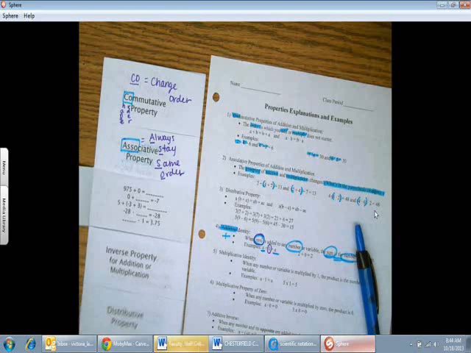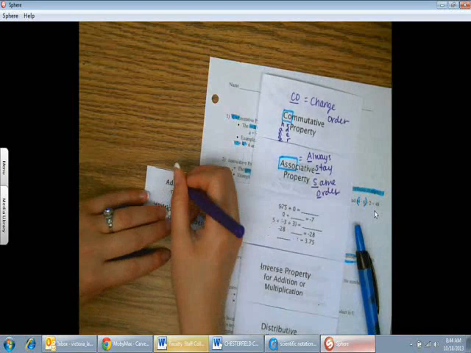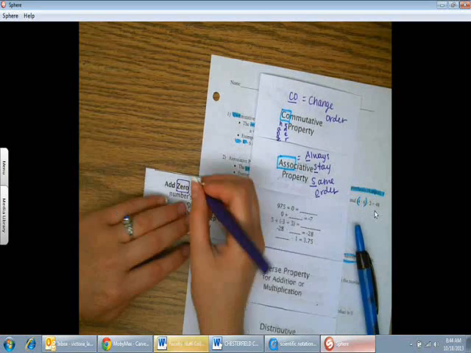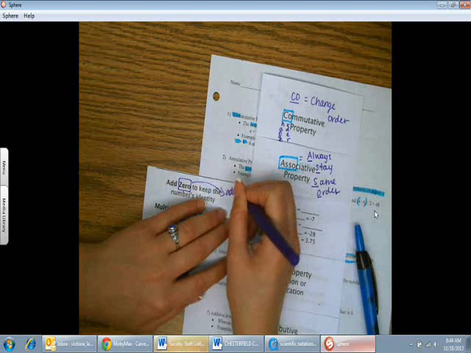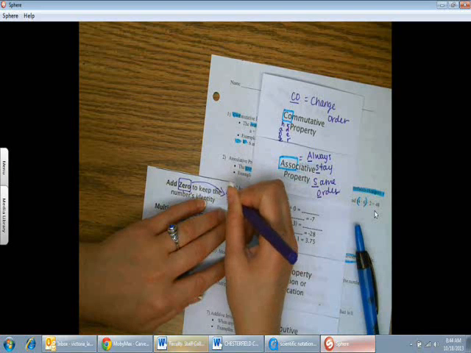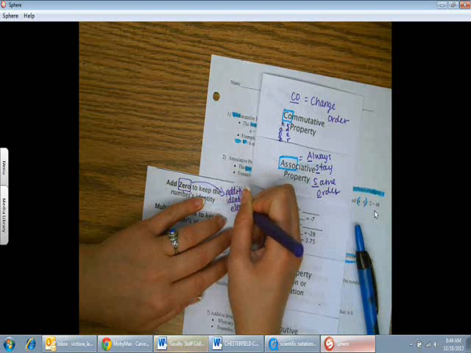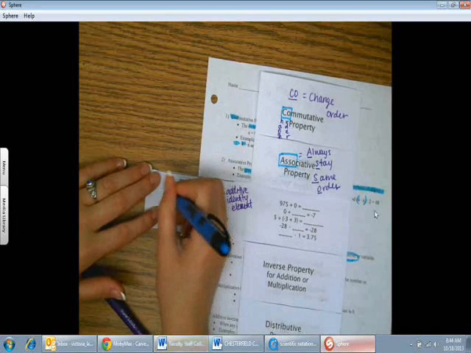So on your foldable here, add 0 to keep the number's identity. And we call this the additive identity element. Okay? Alright? And so that's when you're going to add.